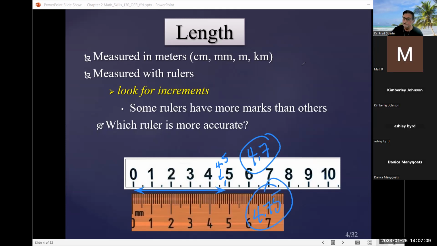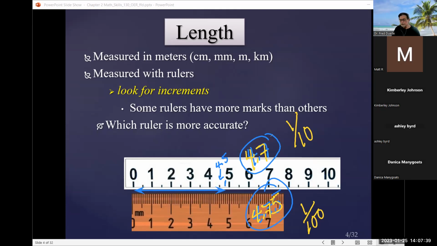Okay, let me change the color. It's hard to see that. 4.75 versus 4.7. So you can see that with the white ruler, we can go to the tenths decimal place, where the brown can go to the hundredths decimal place. So the white one is only accurate to the tenths place, and that is the least accurate.